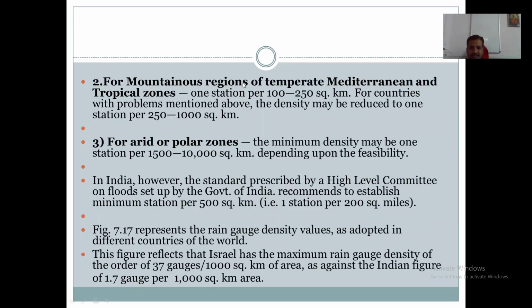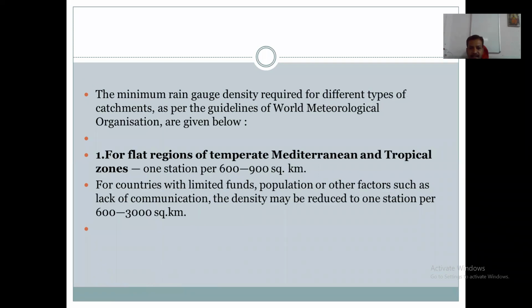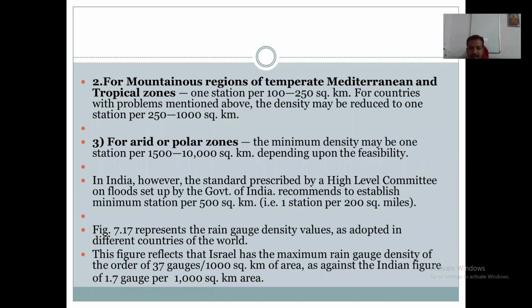So in mountainous regions of temperate, Mediterranean and tropical zones, for 100 to 250 square kilometer area, one rain gauge station is to be installed. इथे एरिया कमी केलेली आहे माउंटेनियस रिजन साठी. फ्लॅट रिजन साठी एरिया जास्त होतो 600 to 900 स्क्वेअर किलोमीटर. ते एरिया माउंटेनियस रिजन साठी कमी केलेली आहे. प्रत्येक 100 to 250 स्क्वेअर किलोमीटरला एक स्टेशन घ्यायला सांगते. वन स्टेशन पर 100 to 250 स्क्वेअर किलोमीटर.